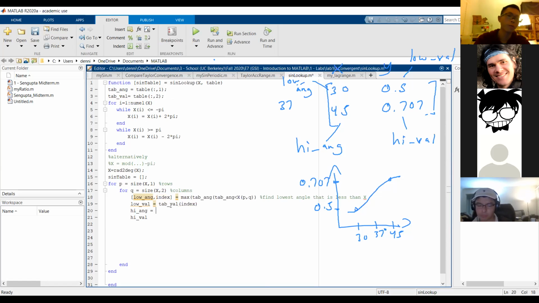We're going to do something similar for this one. Let's do high value first. How we're going to find it is going to involve table of values, but what's going to be high value? It's going to involve index, but what do we need to do to index to get that high value?